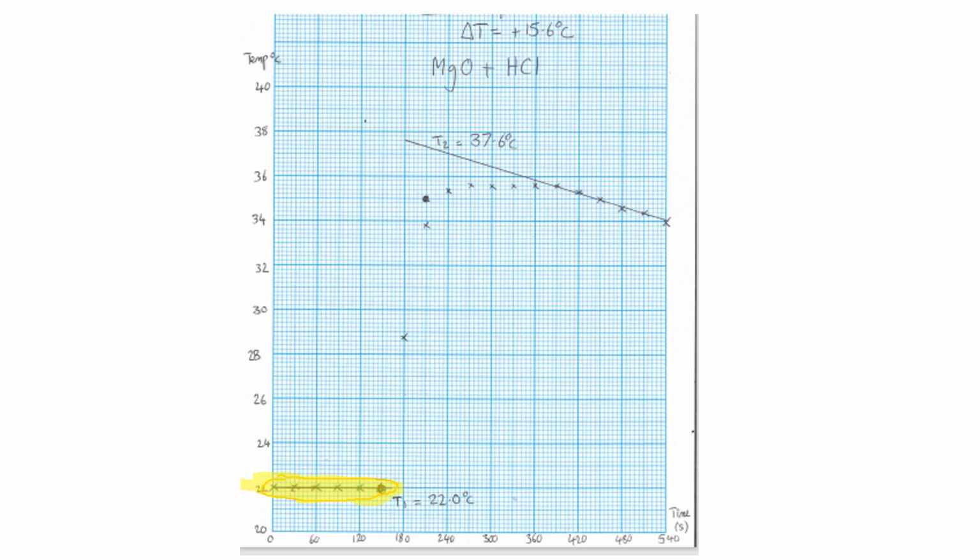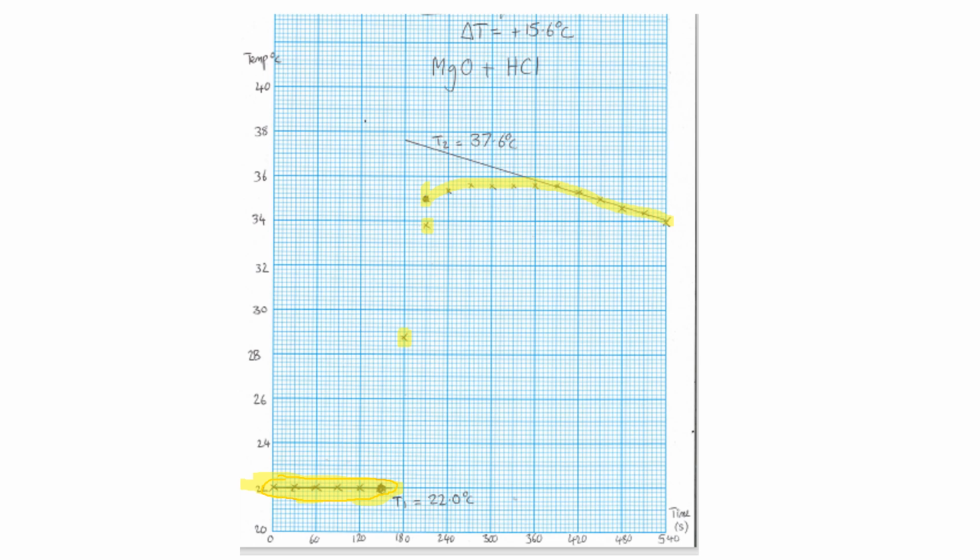Then at 150 seconds, I added the magnesium oxide into the hydrochloric acid, and you can see the temperature started to rise, it kept on rising, then flattened out, and then the temperature started to drop off over time.